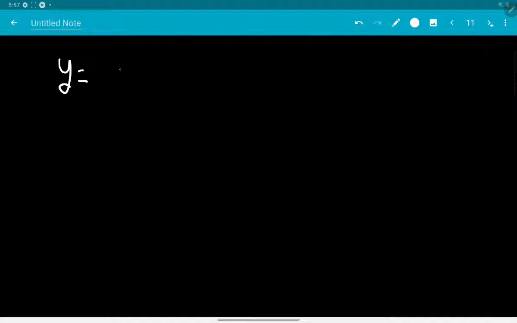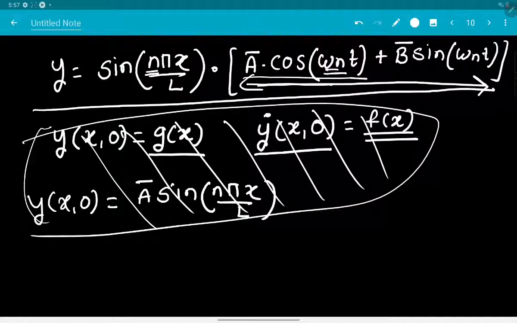So I can write down y as summation of yn's, where I'll be putting certain weights to them. And each yn is this times this times this. If you put 1 over here, you will be putting 1 over here. If you put 2 over here, you will be putting 2 over here.